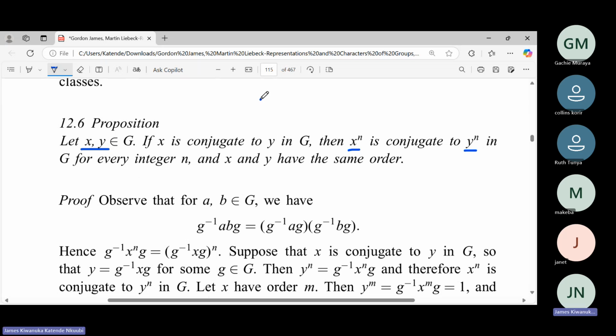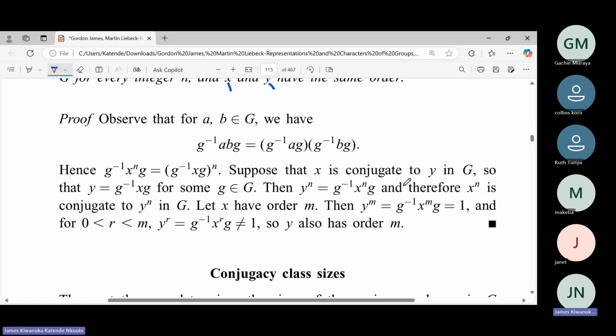So if you know that x is conjugate to y, then it means x raised to n will also be conjugate to y raised to n. And the other important thing to remember: if x is conjugate to y, then x and y will have the same order.